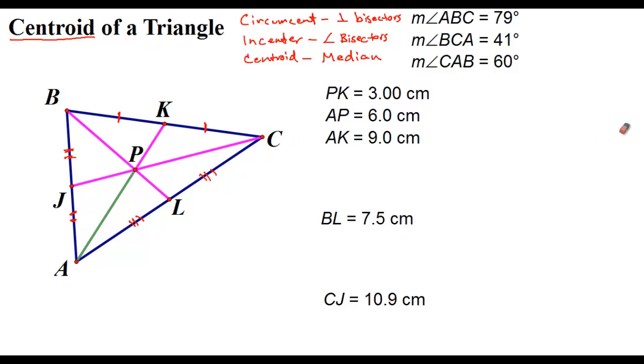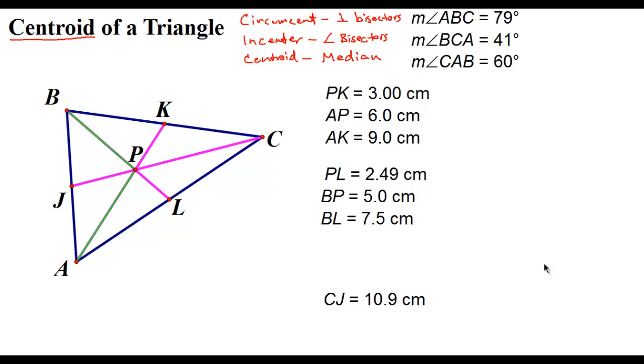That's a median. I'm going to put the rest of the pieces on here. So I'm going to go ahead and highlight BP. So BP is right here. It's 5.0. BL is 7.5. I'm going to put PL right there, 2.49. This is very close to 2.5, which is half of 5. 2.5 plus 5 is 7.5.